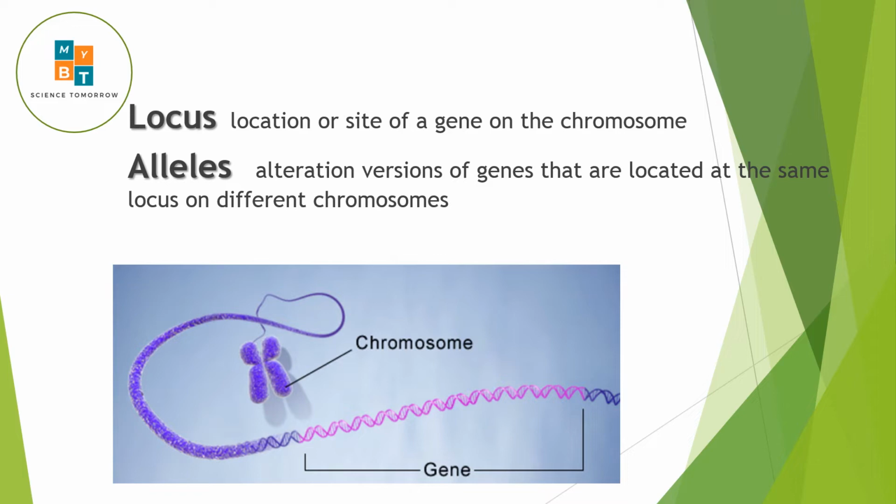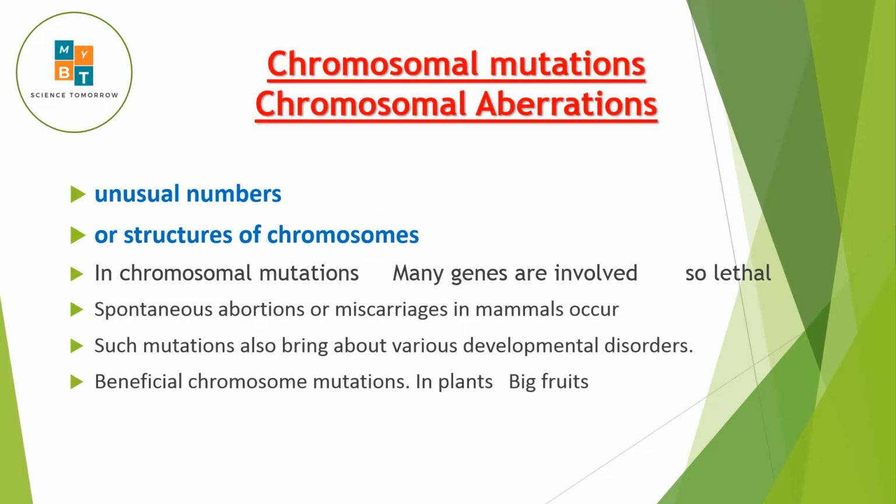So you will have some differences in these genes if you have a difference in the chromosome. So we call them chromosomal mutation. The other words are chromosomal aberration.